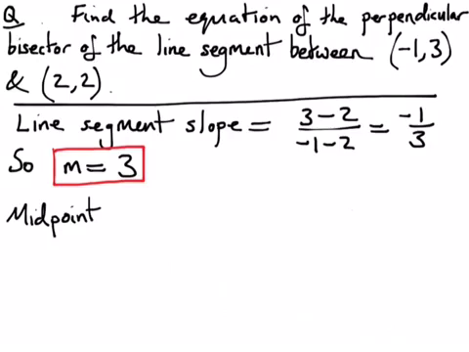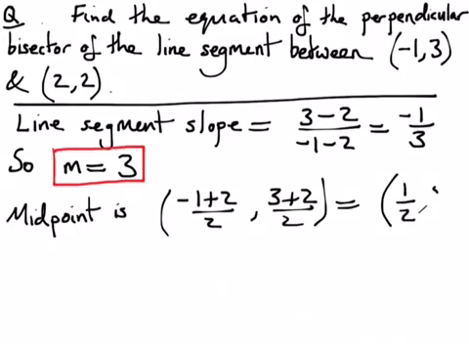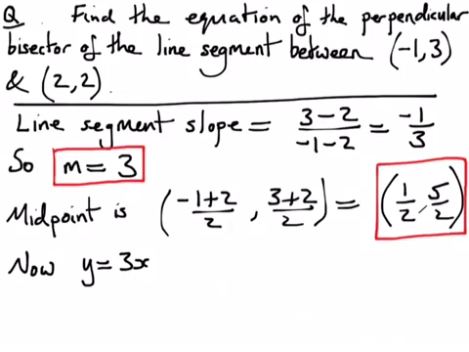Now, we need to find a point on the line. So we know the midpoint is the average of the x values and the average of the y values. So that's easy to work out. That's going to be a half and 5/2. So yeah, we've got our slope, we've got a point on the line, we can work out what b is.